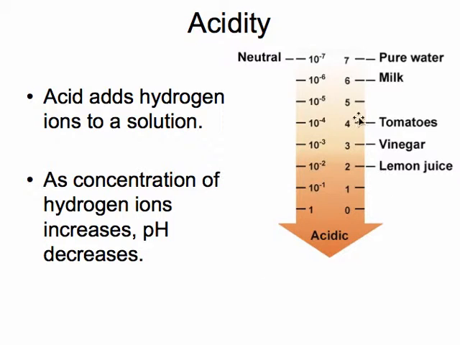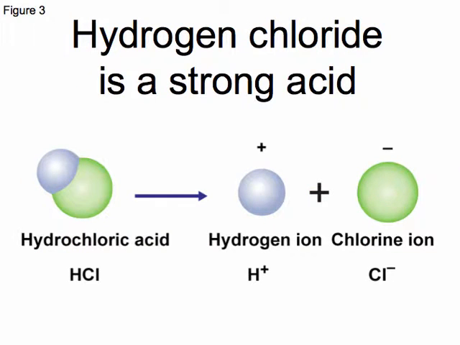So as we increase the number of hydrogen ions, we decrease on our pH scale. And any substance that can increase the concentration of hydrogen ions in a solution is an acid.